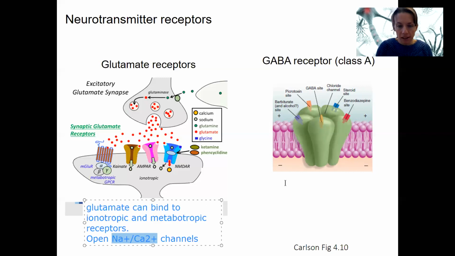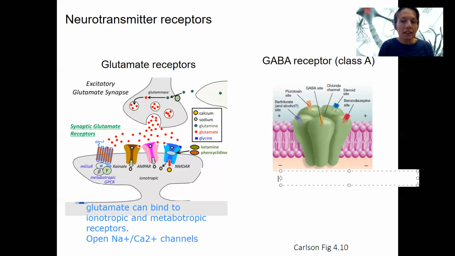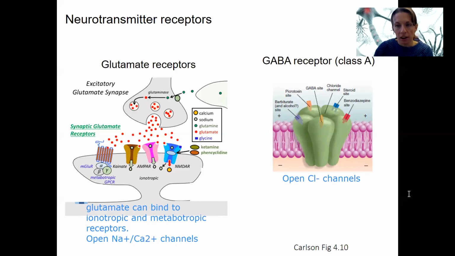So this is, again, our main inhibitory neurotransmitter. We will be simplifying it down to the fact that it opens chloride channels. And you should be able to think about what that does. This example here is an ionotropic example. This is class A. We're not going to look at any other types.